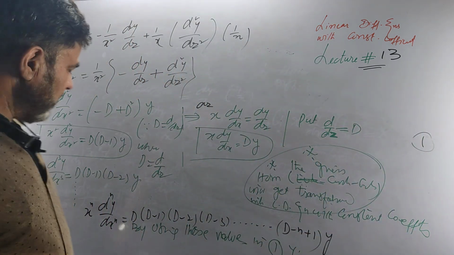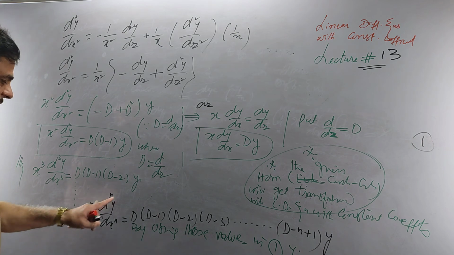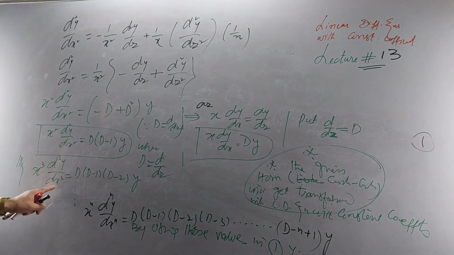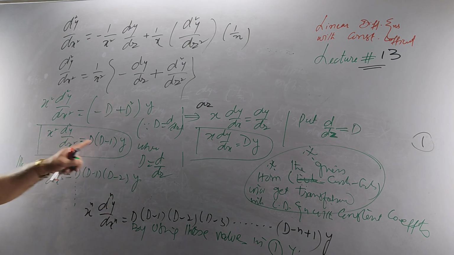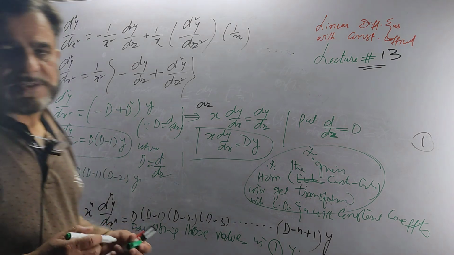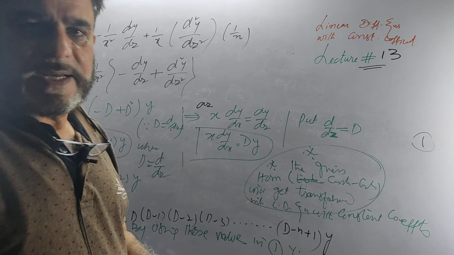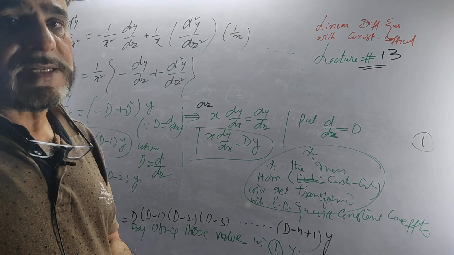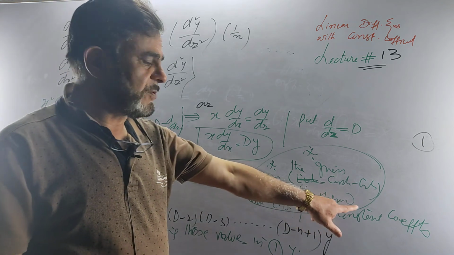When we use these values, x raised to power n d n y by dx n, x cube d3y by dx cube, x square d2y by dx square, in the given equation, you don't have there the x cube, x square, x4 terms. It will be now the linear differential equation with constant coefficients.